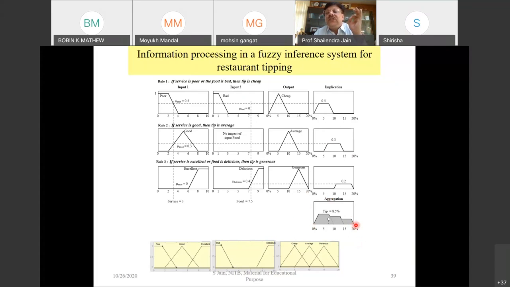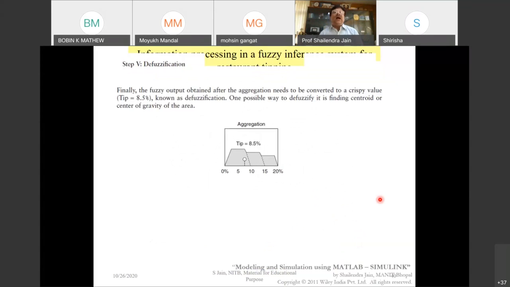Based on that, your tip comes to be 8.5%, which is below average, very correct compared to what we practically think. So the rule base I have framed is giving me a satisfactory answer. So defuzzification here is basically center of area.